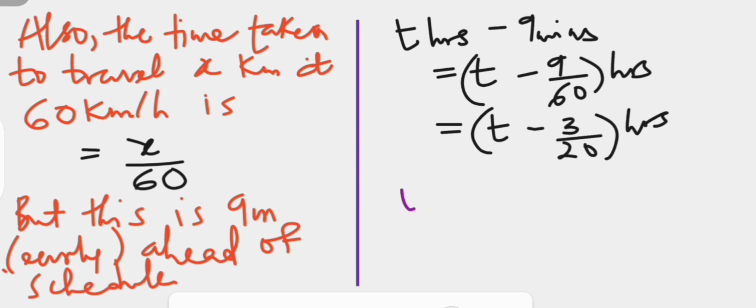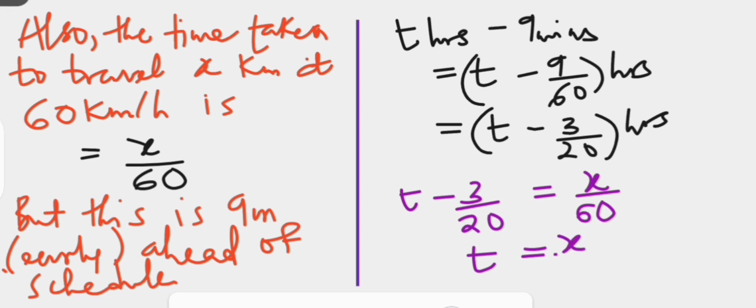This simply means that t minus 3 over 20 must be equal to x over 60. They are both talking about the same time. Making t the subject of the formula again, we have t equal to x over 60 plus 3 over 20. This is designated equation 2.